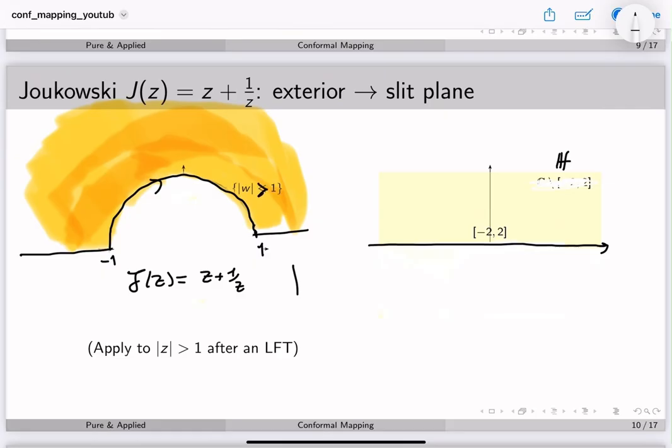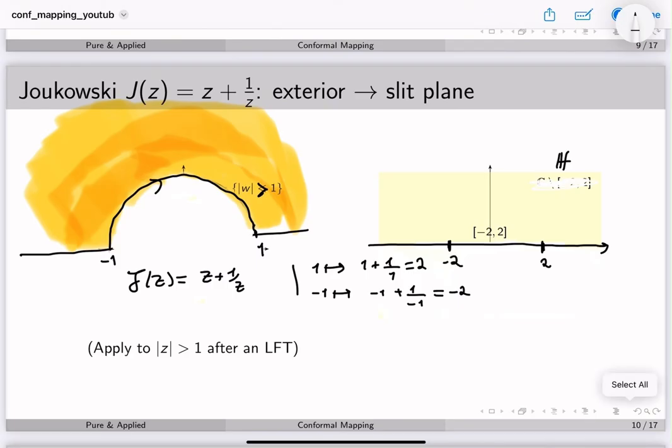And here's how we do it. Well, let's see. 1 goes to 1 plus 1 over 1, which is 2. So 1 goes to 2. And minus 1 goes to minus 1 plus 1 over minus 1, which is minus 2. And it's this point here.